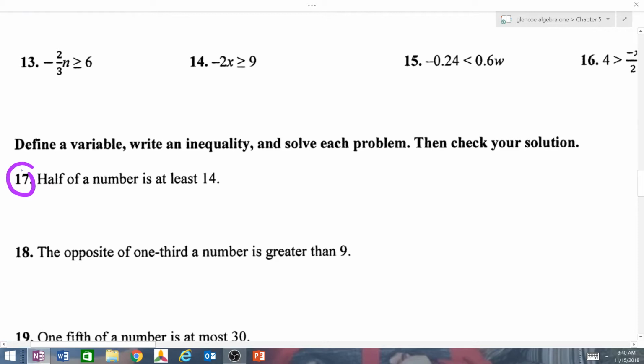Number 17. Number 17 says, is this correct on your notes? Does it say half of a number is at least 14? Okay, hold on. I'm trying to find it on mine.